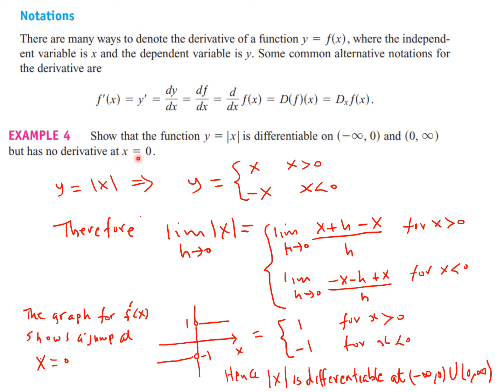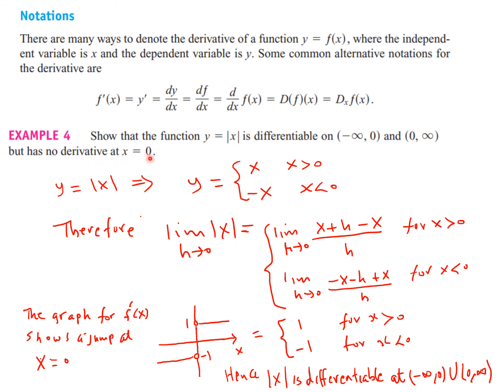So we want to show that it has no derivative at x equal to 0. We can show this if we can prove that x equal to 0 is either a cusp, a corner, a vertical tangent, or a jump. So we have to find one of these to prove that there is no derivative at x equal to 0.